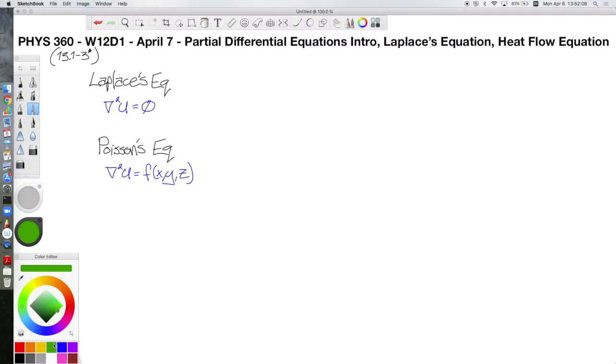So when we actually have sources of whatever's causing this potential within the region we're considering, we would use Poisson's equation. And this function, f of x, y, z, is called the source density. So the source density would describe, if we're talking about electric potential, for example, the distribution of all of the charges in a given region.